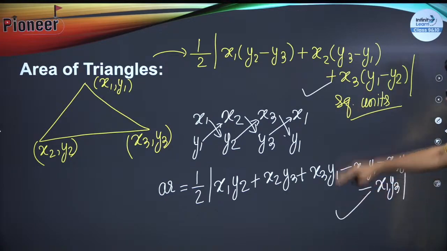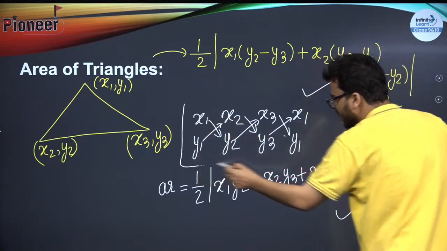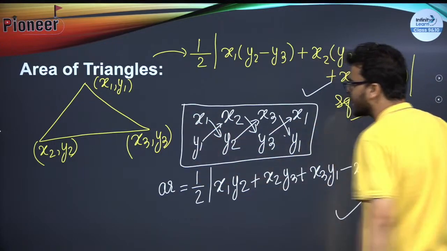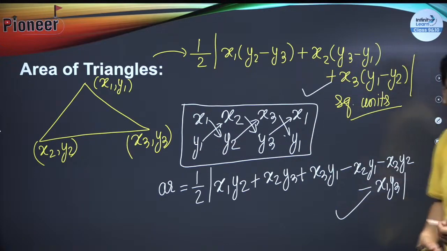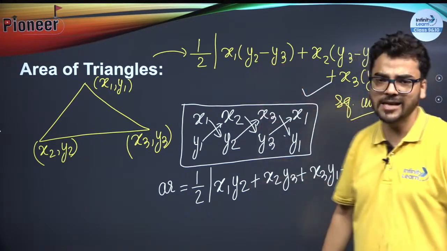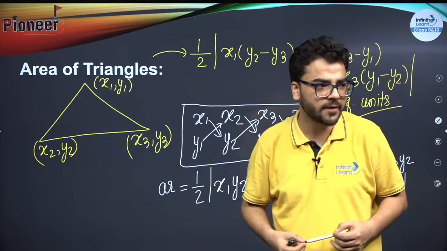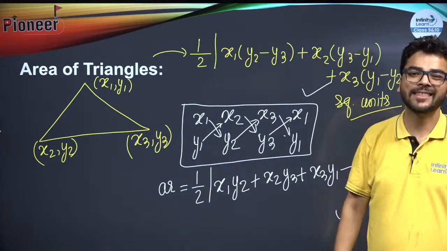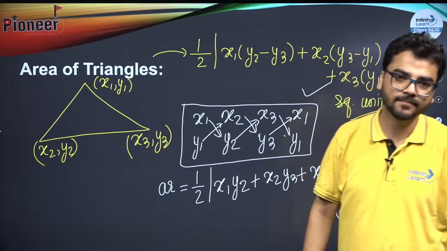If you simplify this, you are going to get this one, but this is easier to remember, because you are doing it for the first time, so you will not be able to remember the first one in the first go. But obviously if you practice many questions, you will be able to remember that formula as well. So that's how you find the area of triangles in coordinate geometry when the coordinates of the three vertices are given to you. I hope this is clear up till here, guys.